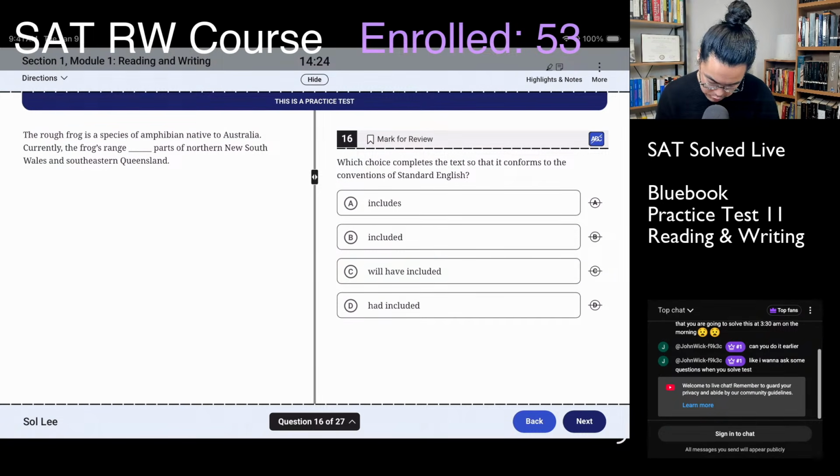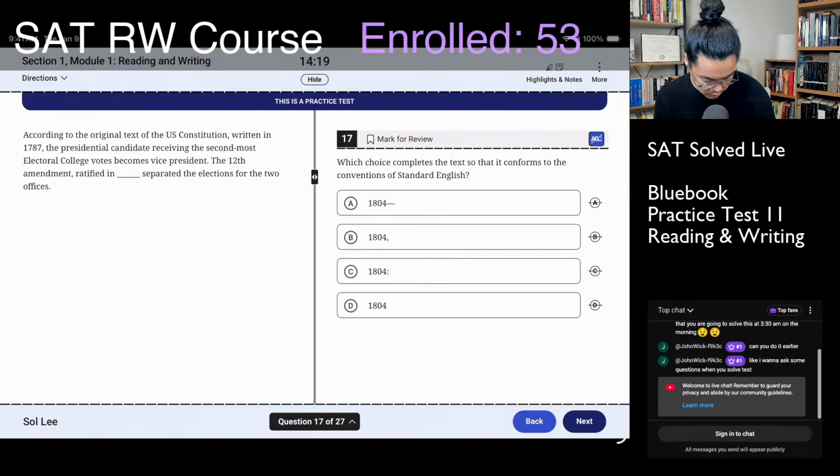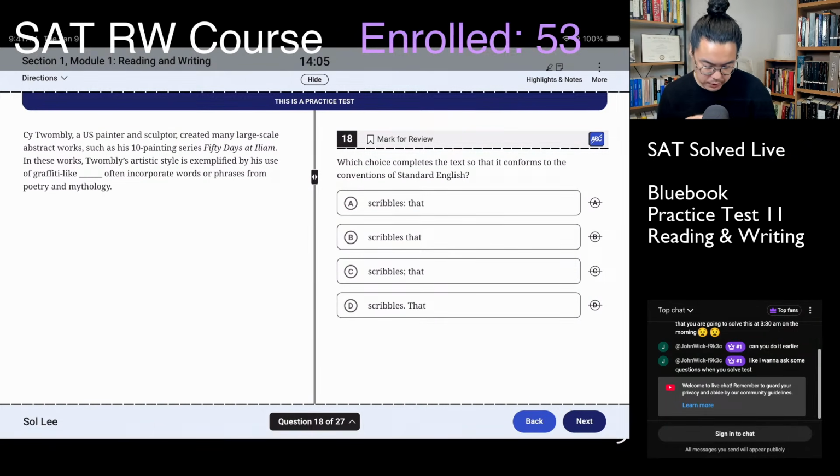The frog's range includes parts of, yep. The 12th Amendment ratified in 1908 separated. Oops, what happened? I don't want to make some silly mistakes right now. I don't really trust my brain. Cy Twombly created many large-scale abstract works.